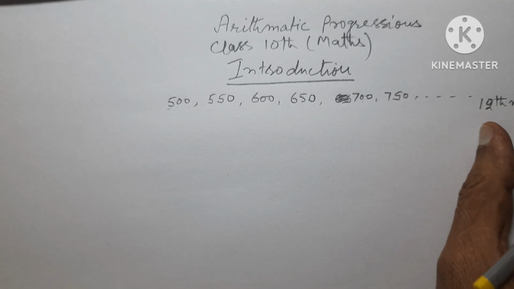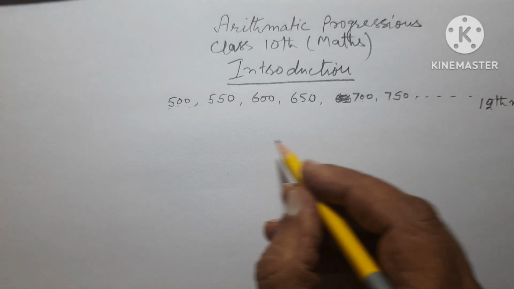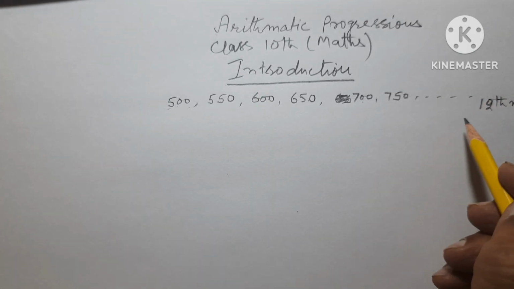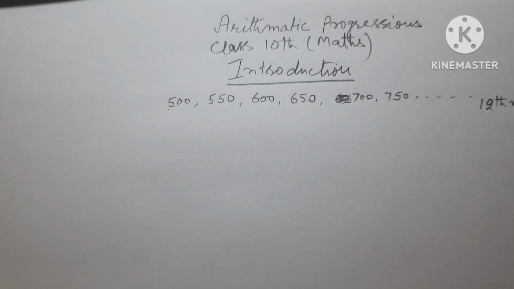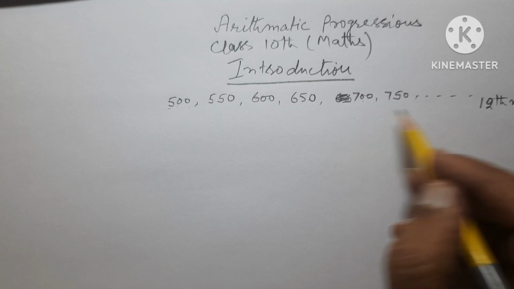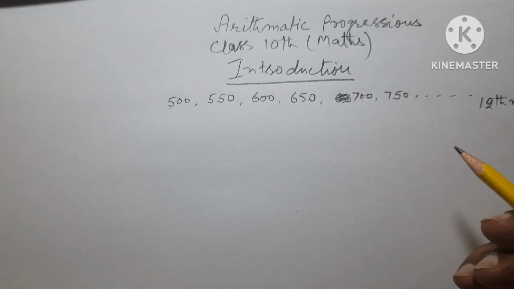Finite means a fixed number of terms. And if your parents have promised you that you will always get money like this, endlessly, then this will be an infinite progression.